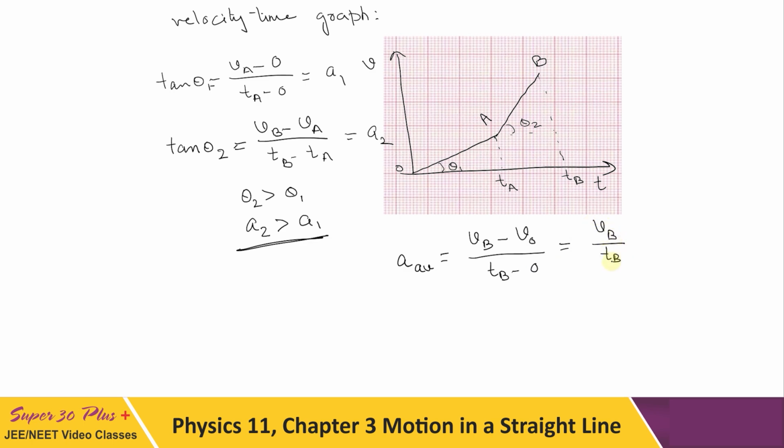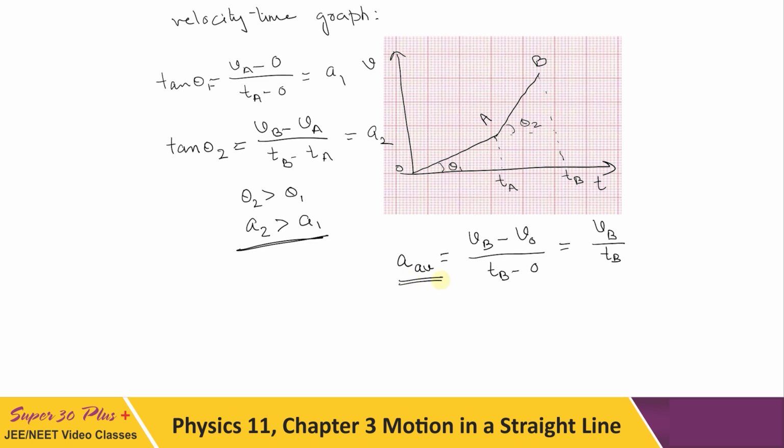This is the average acceleration for the entire journey. It has nothing to do with when it was increasing at a lower pace or a higher pace. It is only interested in how much it changed from the initial value to the final value. So this is how average acceleration is written.